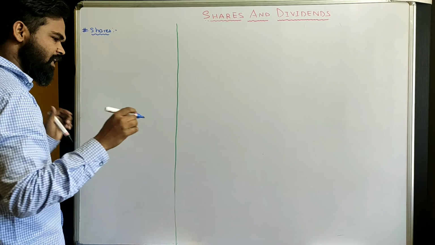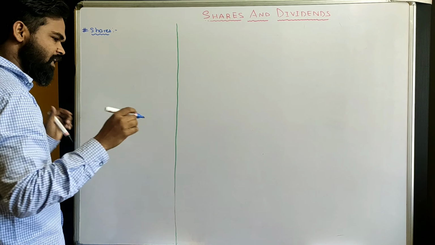So what do I do? I approach investors to invest in my company. And I divide the entire capital into smaller parts, and each part is known as a share.